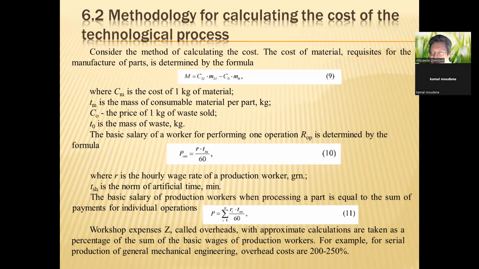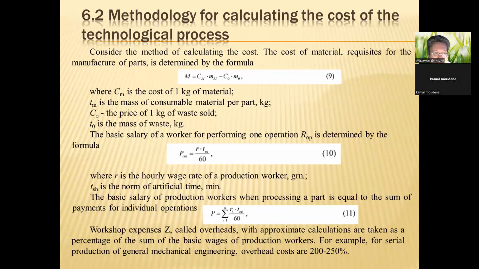The cost of material required for the manufacture of parts is determined by formula 9, where C suffix m is the cost of 1 kilogram of material. m is the mass of consumable material per part.